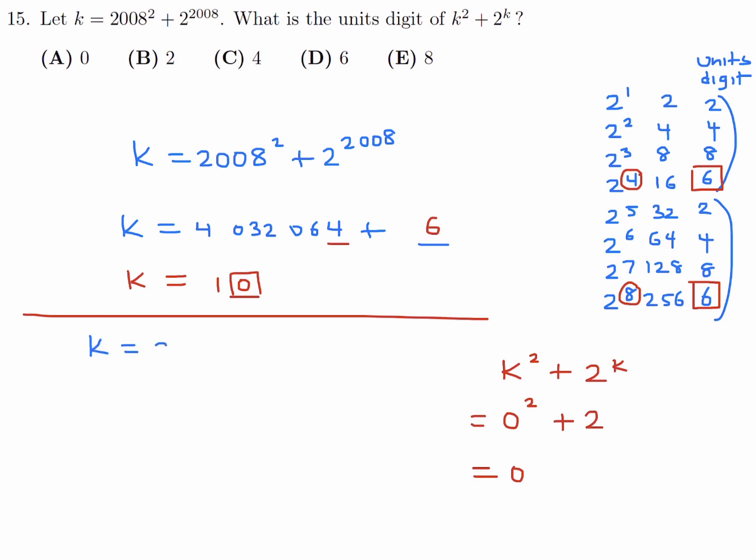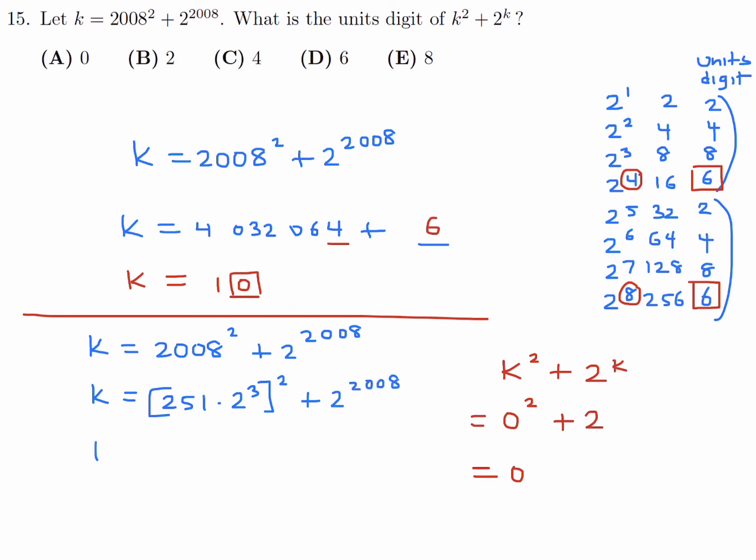Go back to what is k. It's 2 to the power of 2008 to the power of 2 plus 2 to the power of 2008. Well, 2008 is 251 times 8, which is 2 to the power of 3, right? All to the power of 2.